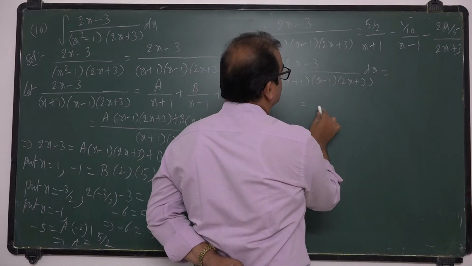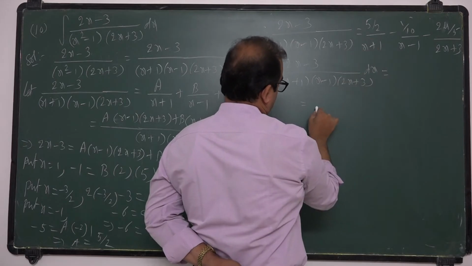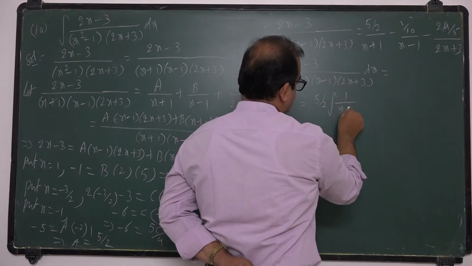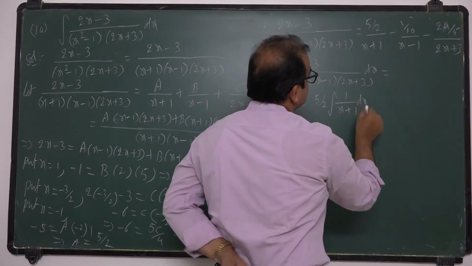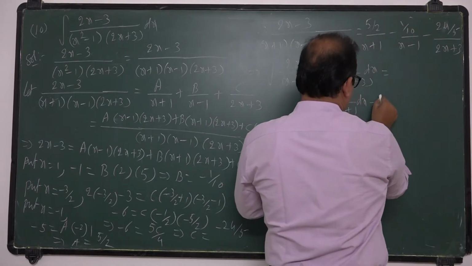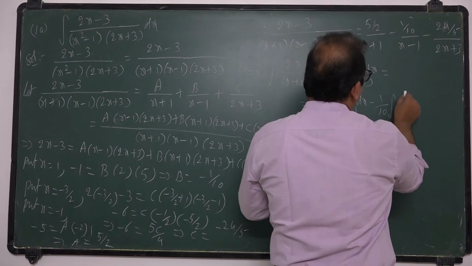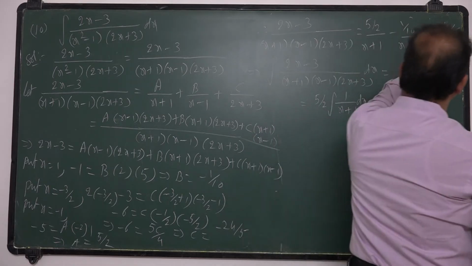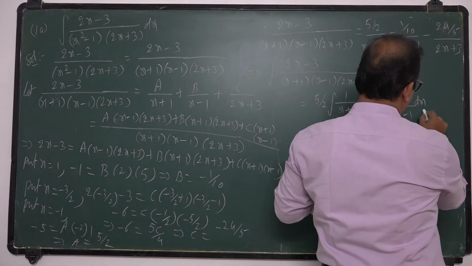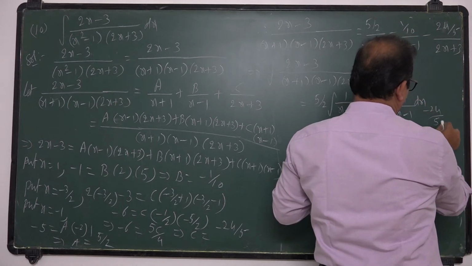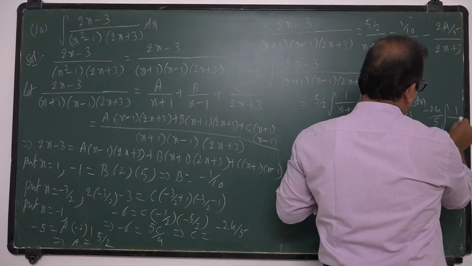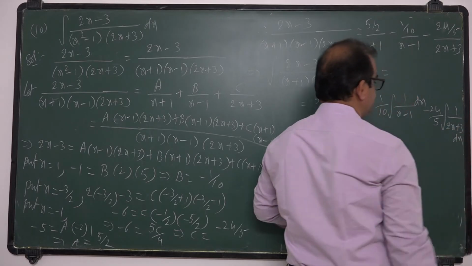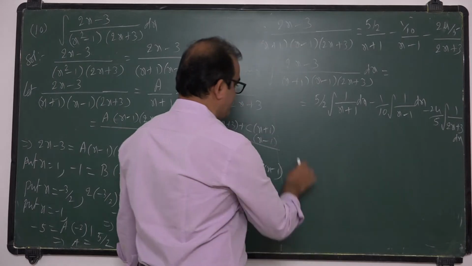That is equal to 5 by 2, constant, integral 1 by x plus 1 dx, minus 1 by 10, constant, into integral 1 by x minus 1 dx, minus 24 by 5, that is also constant, into integral 1 by 2x plus 3 dx. Now integrate.